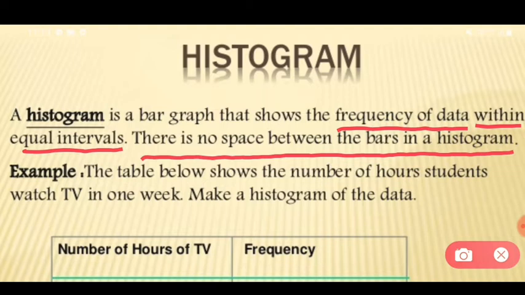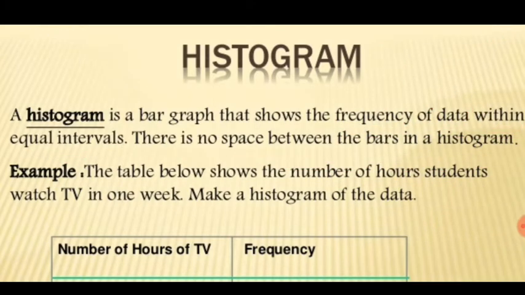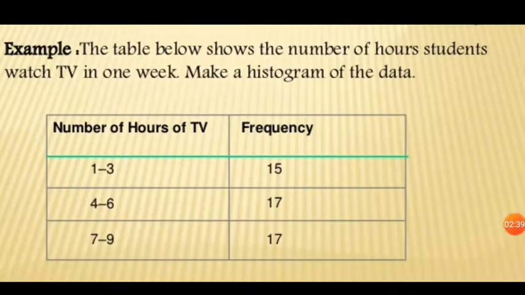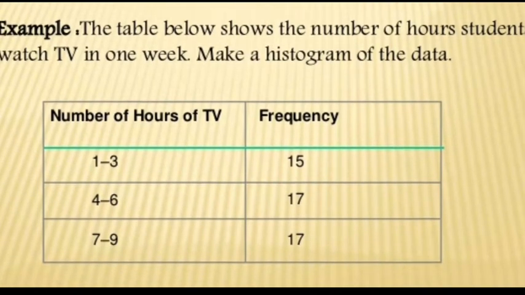In a bar graph, we can draw the bars like this, yes or no? There will be a gap in the bars, but in a histogram there will be no such gaps. Clear?